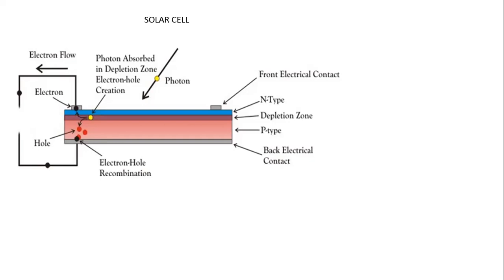A solar panel consists of around 24 solar cells connected in series. Depending on the dimension of the solar panel, within one panel there can be a number of solar cells which are connected in series. Right.